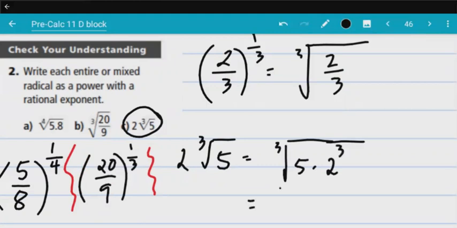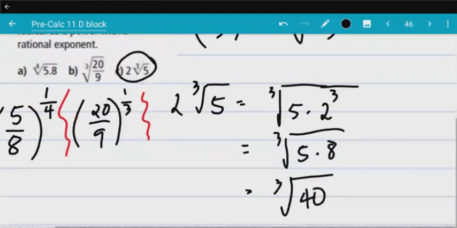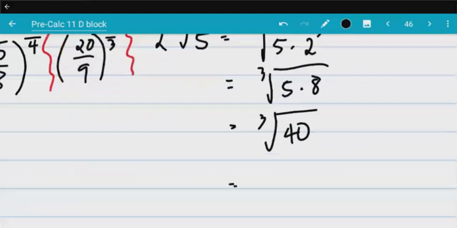Which means it's going to be the cube root of 5 times 8, which means it's going to be the cube root of 40. And if you're going to turn that into a power, the base is 40. The exponent has a denominator of 3, and there's your answer.